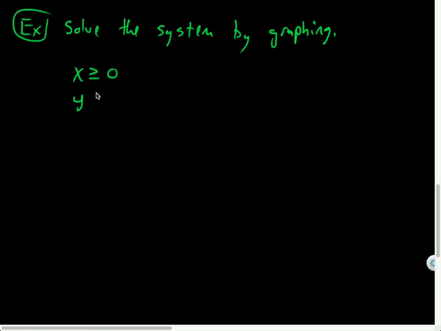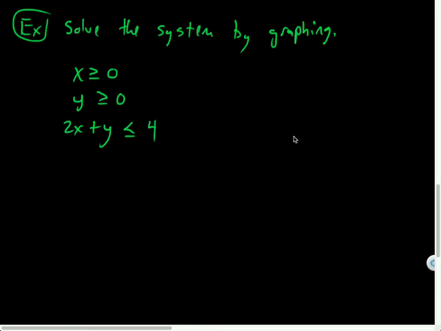So let's see. Solve the system of inequalities by graphing. So let's get a system here. Let's say I have x is greater than or equal to 0, y is greater than or equal to 0, and 2x plus y is less than or equal to 4.